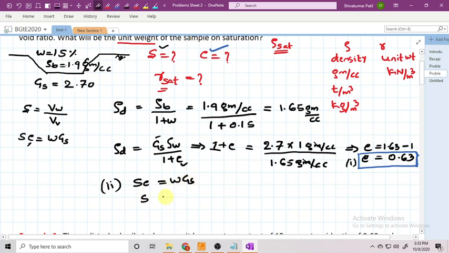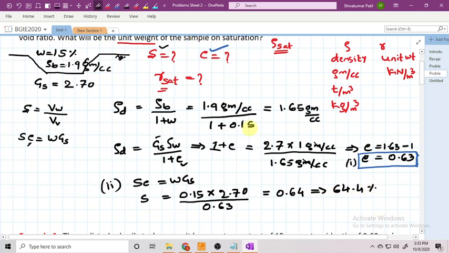So S equals the water content 0.15 into the specific gravity 2.7, divided by your void ratio 0.63. So you should get a degree of saturation of around 0.64. That means around 64.4%.